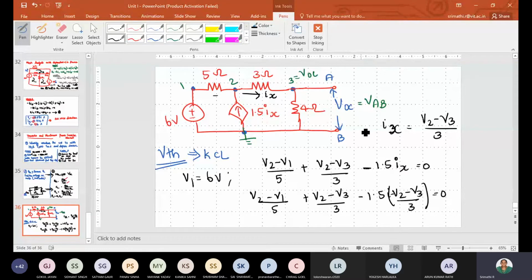Make it fast. Final equation, quickly. Is it done?